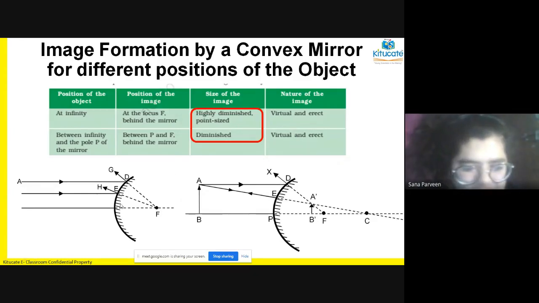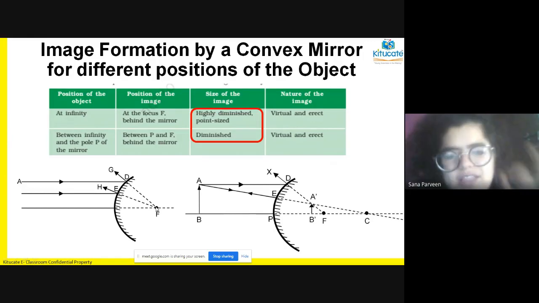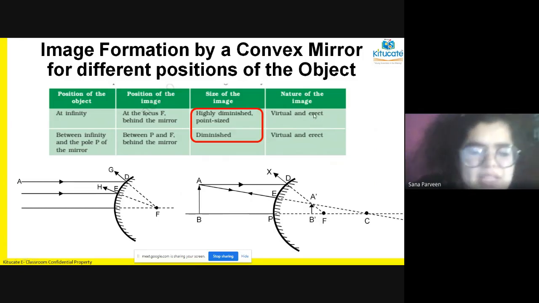Okay, point sized means very small, like a dot. It is that diminished. Diminished means smaller in size. Okay, and it is going to be virtual and erect, not real, but looks the same like the object.